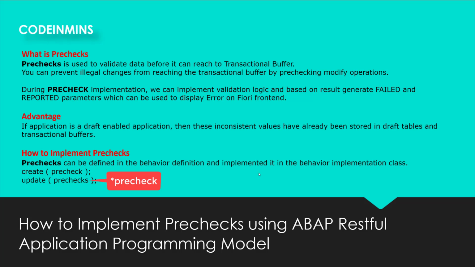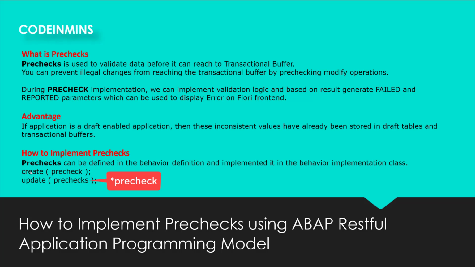Now, how can we implement these prechecks? They are defined in the behavior definition and implemented in the behavior implementation class, just like all the other methods we have seen in our previous videos. The only change is that while implementing, you need to annotate the method with the keyword prechecks.